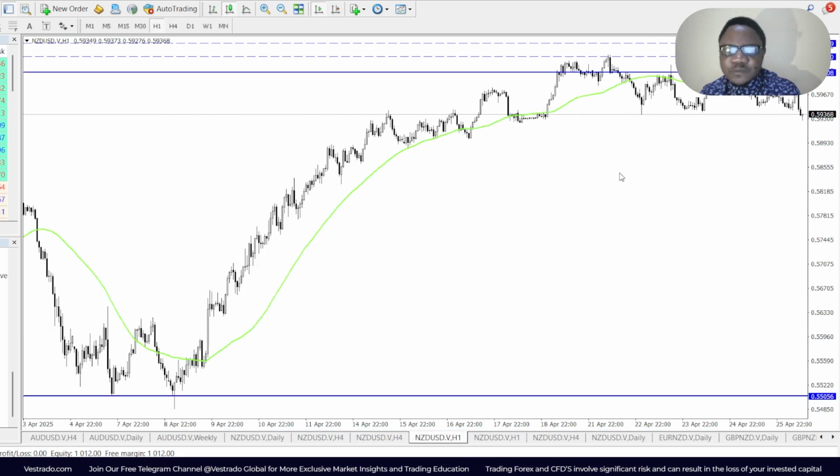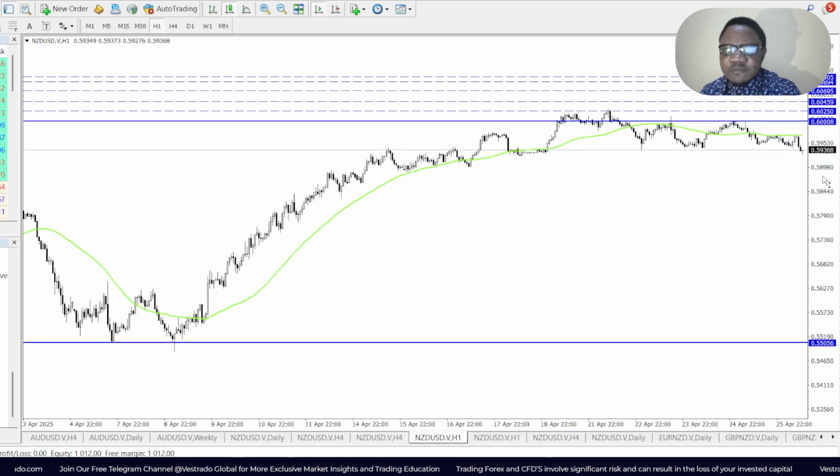So that's for support. On the resistance end of things, if price breaks above the key psychological level 6000, 0.6000 right there, we could see price touch 6025 and above that 6045, beyond that 6069, above that 6089, and perhaps the psychological level of 6100.